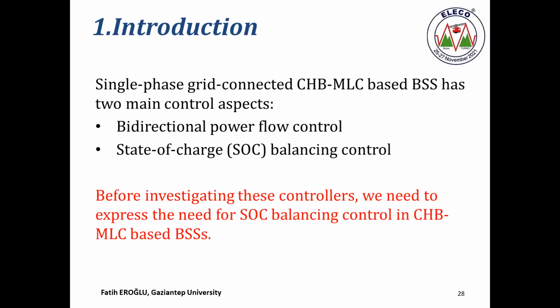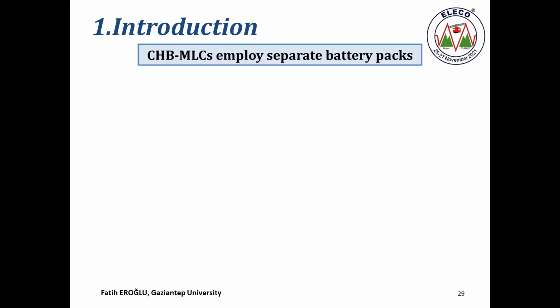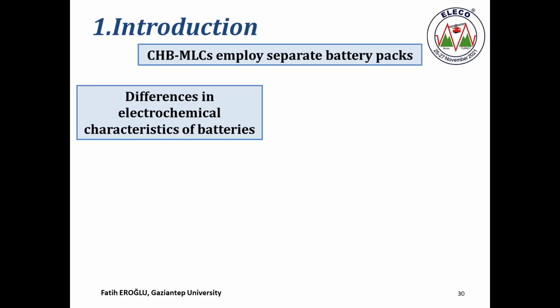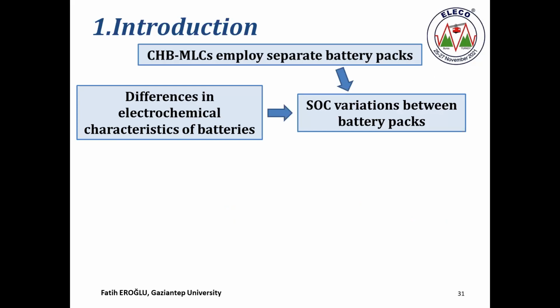But before investigating these controllers, we need to look at the need for SOC balancing control in cascaded H-bridge multi-level converter-based battery storage systems. As we said before, cascaded H-bridge-based multi-level converters employ separate battery packs, and there could be some electrochemical differences between different battery packs. When we combine these two facts together, we can say that there could be some SOC variations between battery packs.